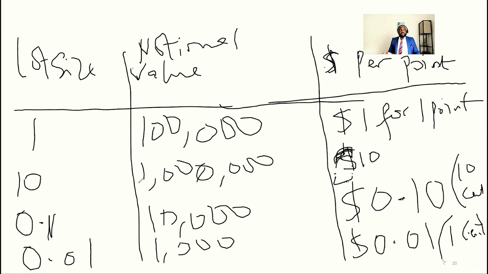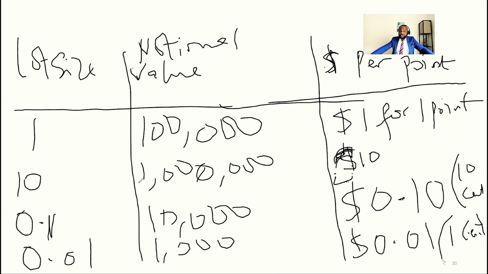Now, if you set a trade with a stop loss target of 200 points, and the price hits your stop loss and you lose that trade, and the volume you use for that trade is one lot, note you are going to lose $1 for each of those 200 points.